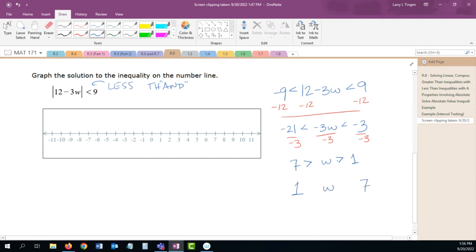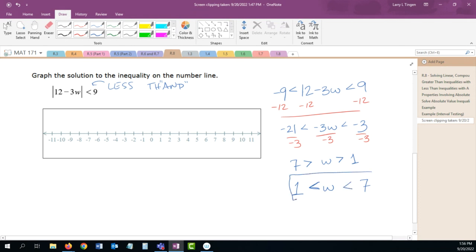If this is W is greater than 1, it's also 1 is less than W. They're the same thing. And then 7 is greater than W.